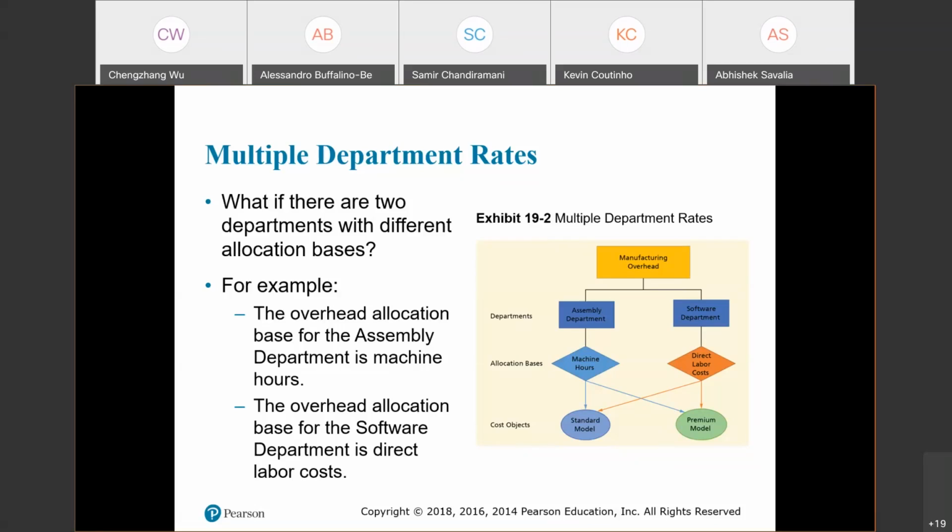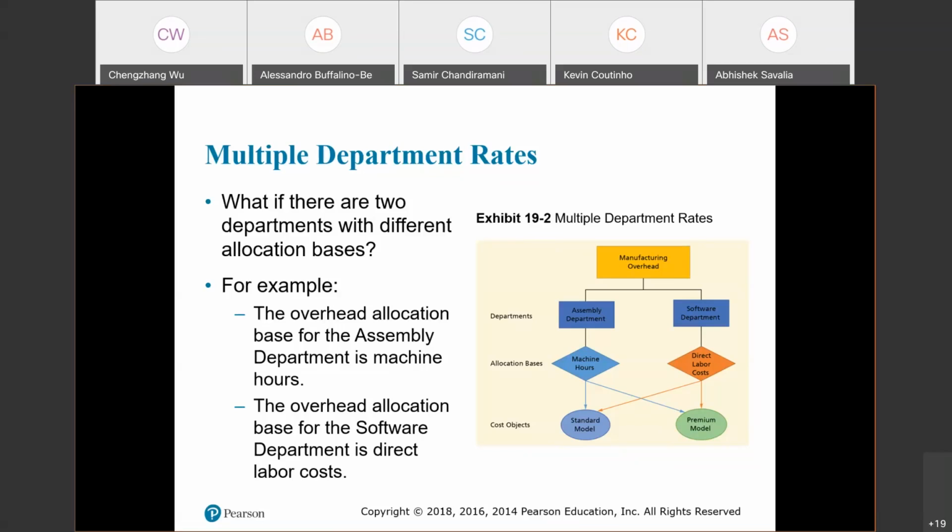Therefore, it has decided to use machine hours as the allocation base for the first department. And similarly, the company decides that direct labor cost is the primary cost driver for the software department, and it has decided to use direct labor cost as the allocation base for that department.